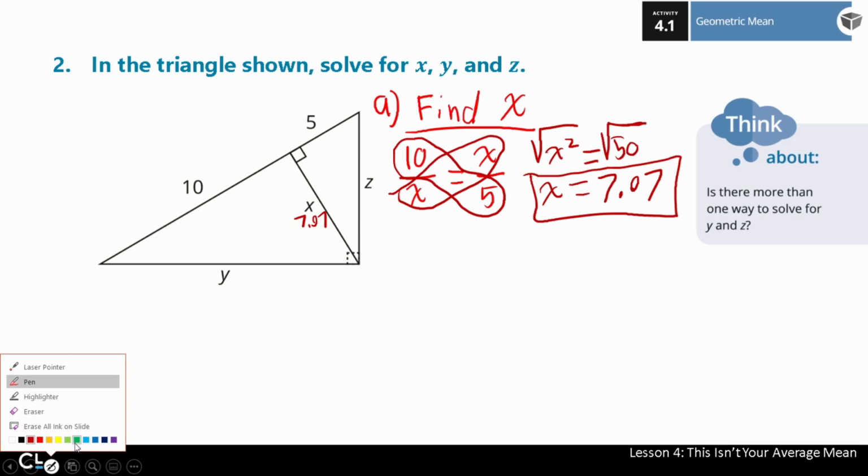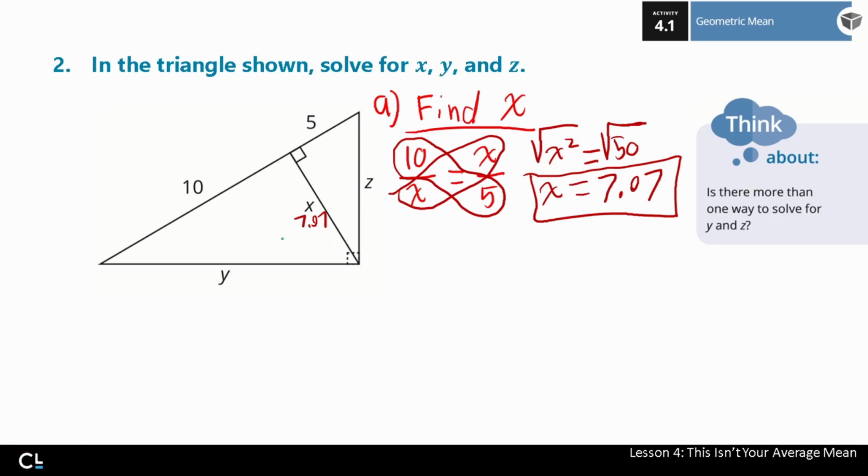Next up, we're looking for, let's go to y. Stay in alphabetical order. So B, we're going to find y. And in order to find y, now we're using a different theorem here, right? And this theorem is our second one, right? And what we need is we need this whole chunk.